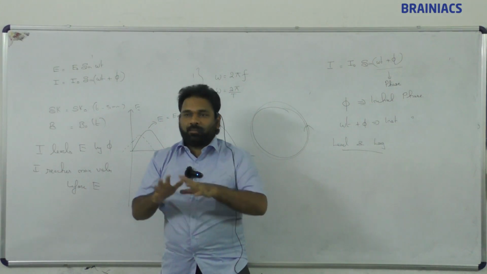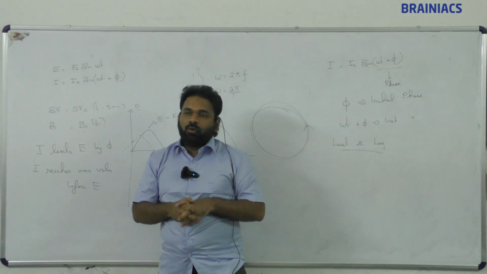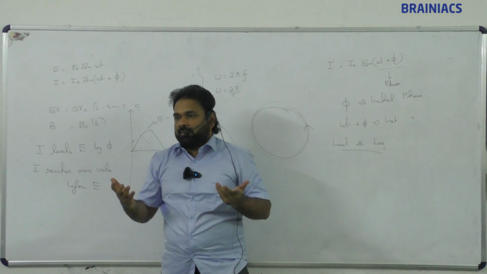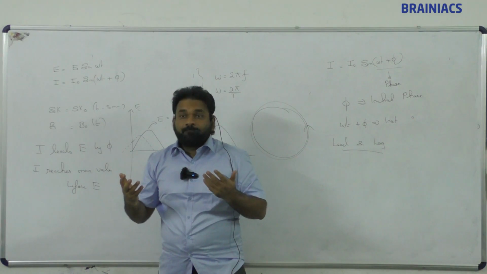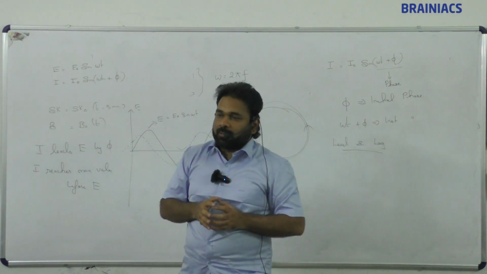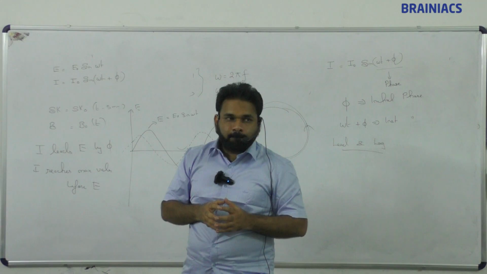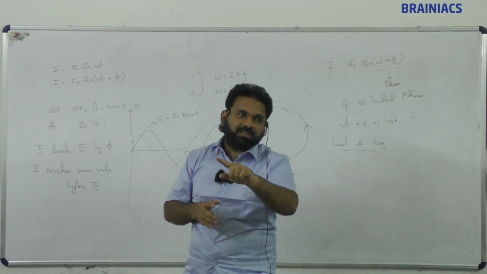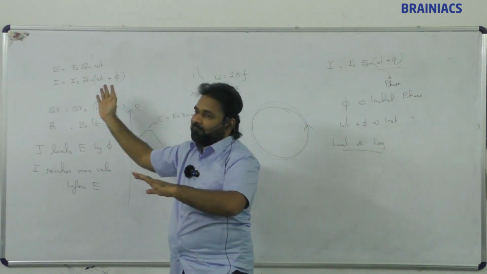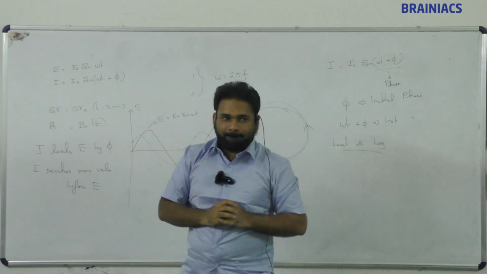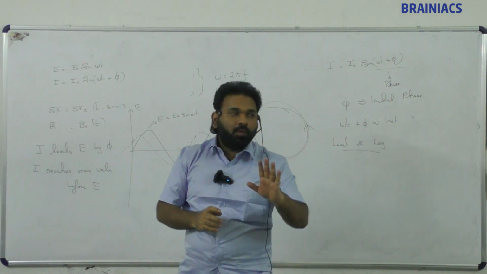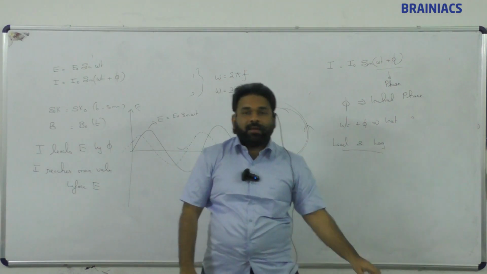Mathematically, if I say voltage leads current by pi by 2, which one is sine and which one is cos? Voltage leads current by pi by 2, then which will be sine omega t and which will be cos omega t? Voltage will be cos omega t.